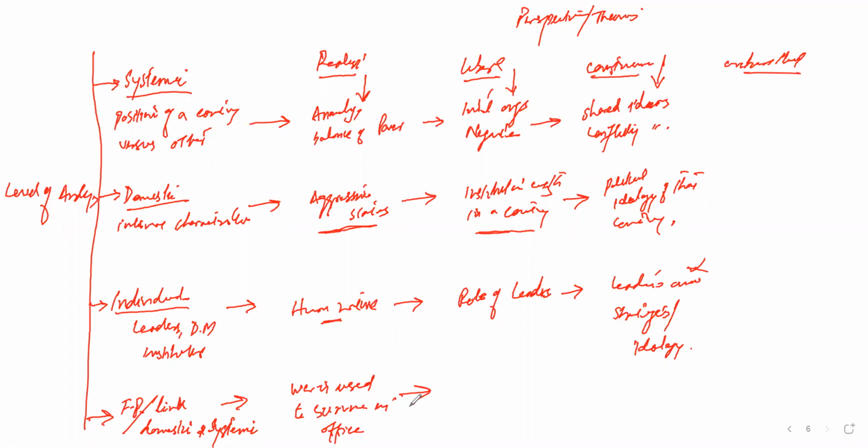Now, the liberals believe that leaders use diplomacy to alter their relations. So they use diplomacy among different domestic institutions.